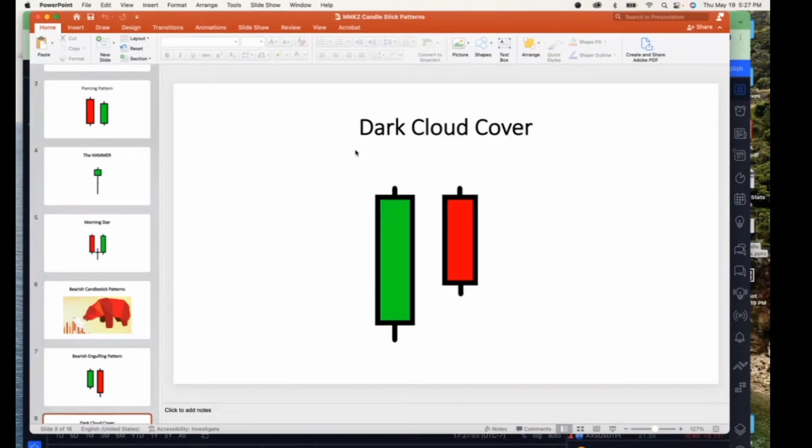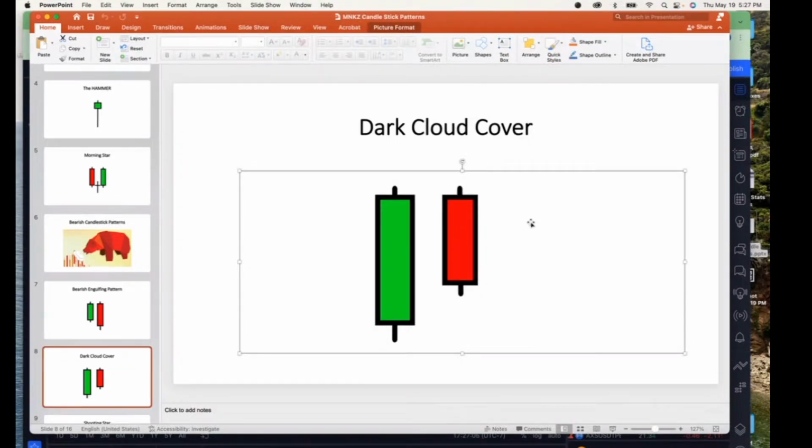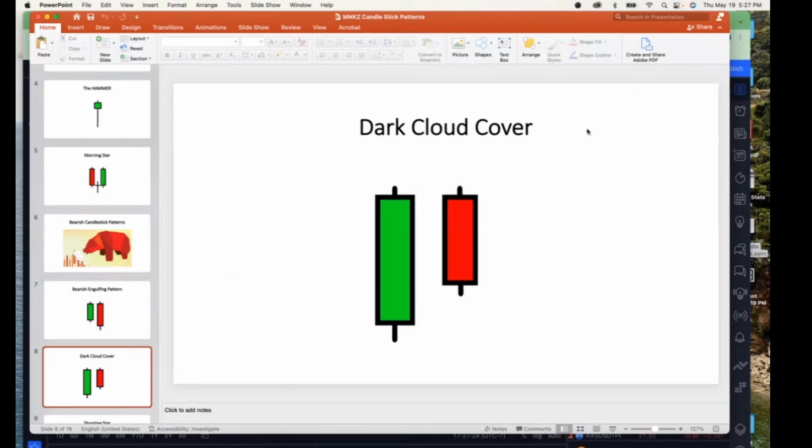Cool. So next one is a dark cloud cover. Now, honestly, guys, I know the names of these because I just look at it so often. But in all honesty, I will look at it and I'll kind of just know what it's gonna predict, as opposed to you don't really need to know the name of it. Okay. So dark cloud cover, I'm just trying to visualize what it's doing.